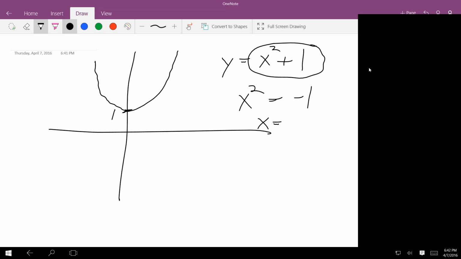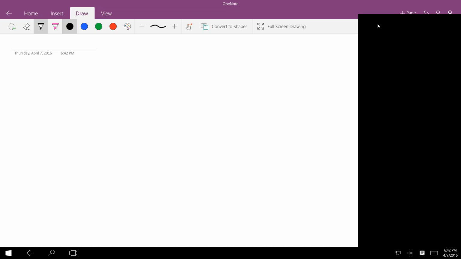So x is equal to plus or minus the square root of minus 1, so x is equal to plus or minus i. And so we have 2 zeros, but we don't have any x-intercepts. And that's the way it should be. Imaginary zeros do not produce x-intercepts.